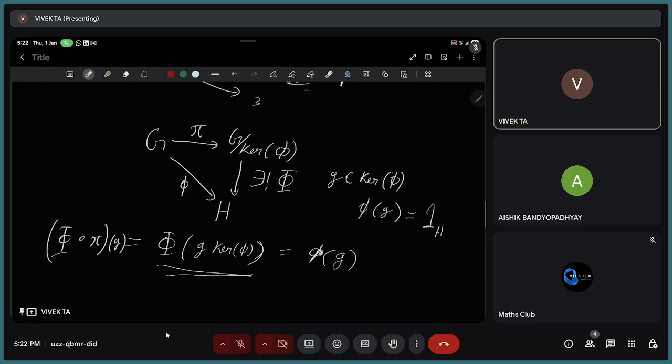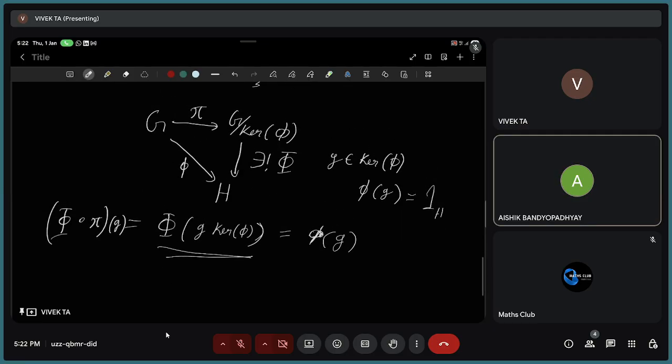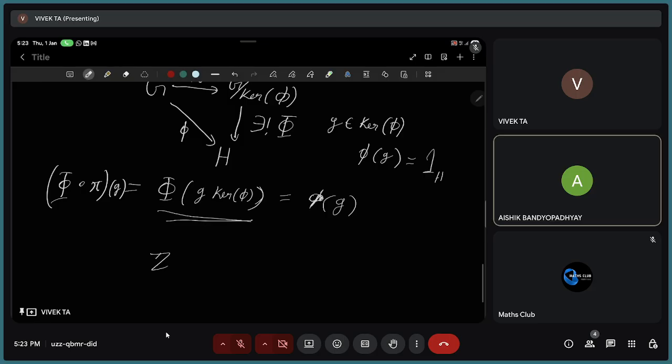That's all. So in the commutative diagram, suppose I start from Z and I end in Z through one path, and through the other path I also end in Z. But suppose through the first path, 1 in Z maps to 3, and through the other path, 1 maps to 2. I can always define that.